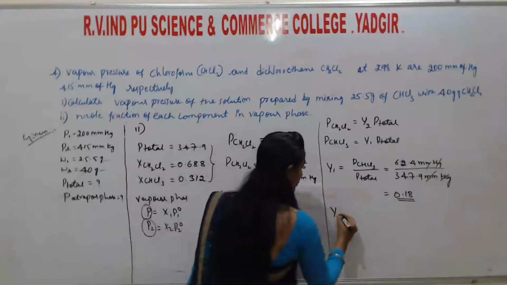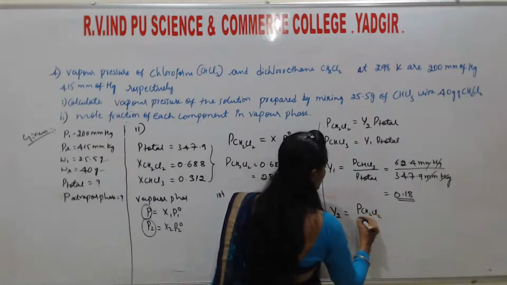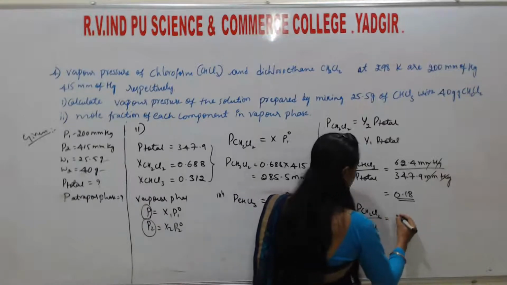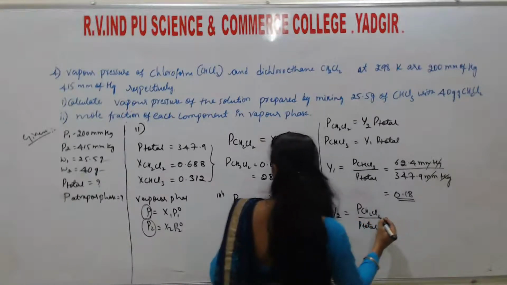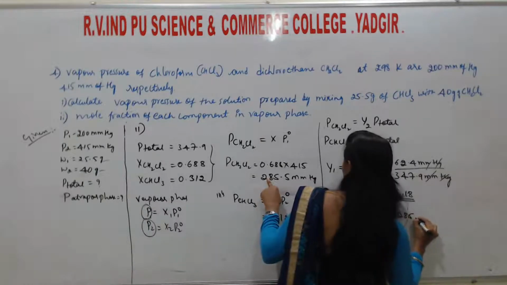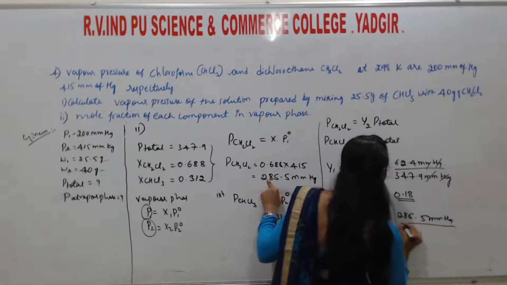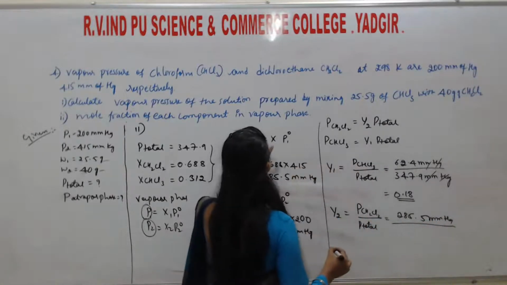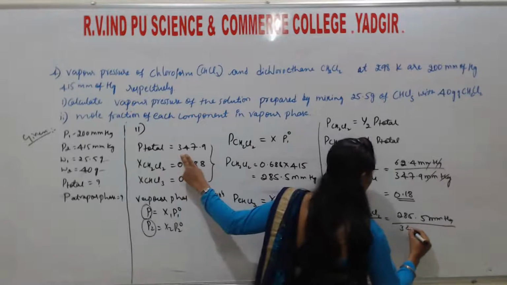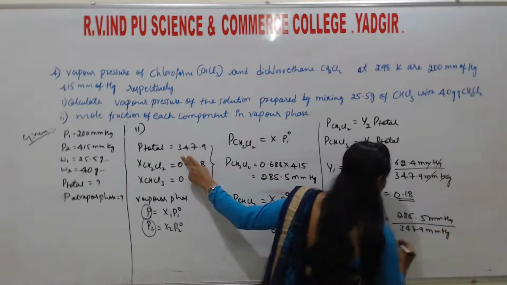Similarly, for Y2, that is P of CH2Cl2 divided by P total, that is equal to how much? 285.5 mmHg divided by the total pressure 347.9 mmHg.